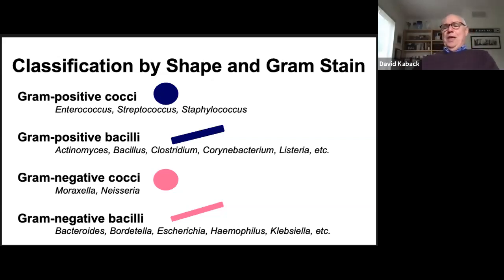So you better hope that they knew how to do gram stains accurately, because hearing that you had gram-positive diplococci was going to be really important for the treatment of pneumonia.